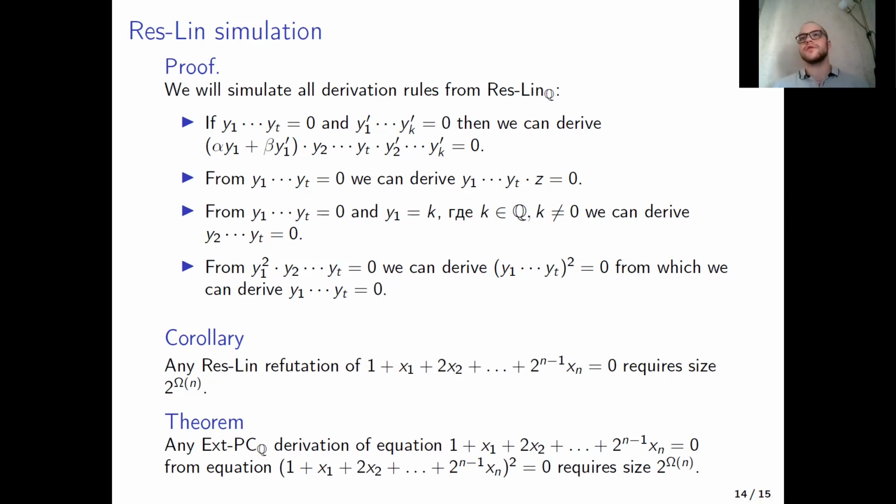This constant should be very large and should be divisible by all prime numbers less than 2 power of n. And then we just make a translation from the extended polynomial calculus derivation over integers into extended polynomial calculus derivations over rationals. And then we can get our lower bound.